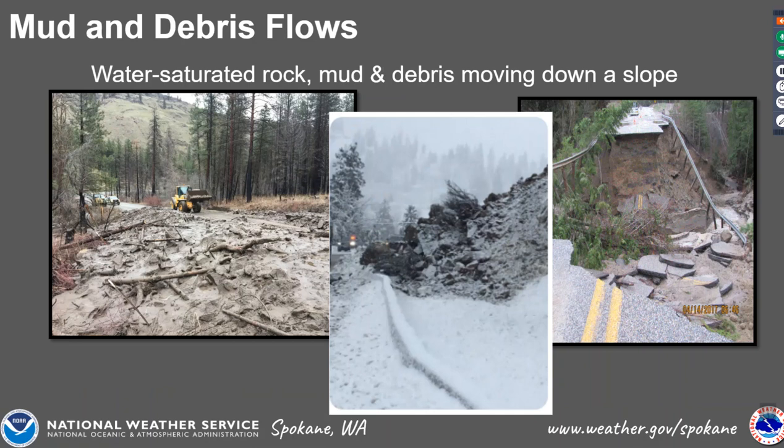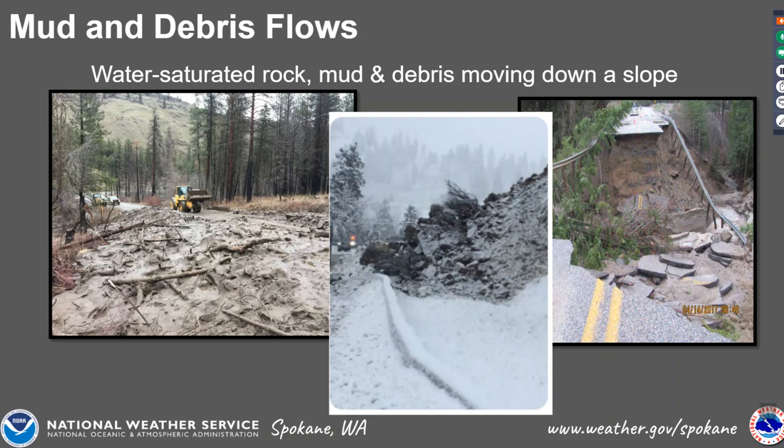We also see mud and debris flows. That's something we're worried about right now near the burn scars and steep terrain, with this heavy precipitation we're seeing in the Cascades and tomorrow in North Idaho. We see it when the ground gets saturated and then more rain falls on top, or when heavy rain falls on the burn scars and the ground is so torched that the precipitation can't move down into the soil.